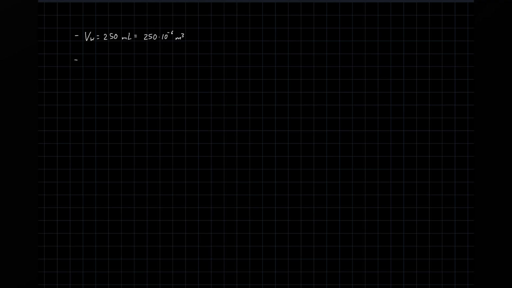We also know that the power of the microwave, let's say work flow, is 600 watts. We have a starting temperature of T initial, 293 Kelvin.